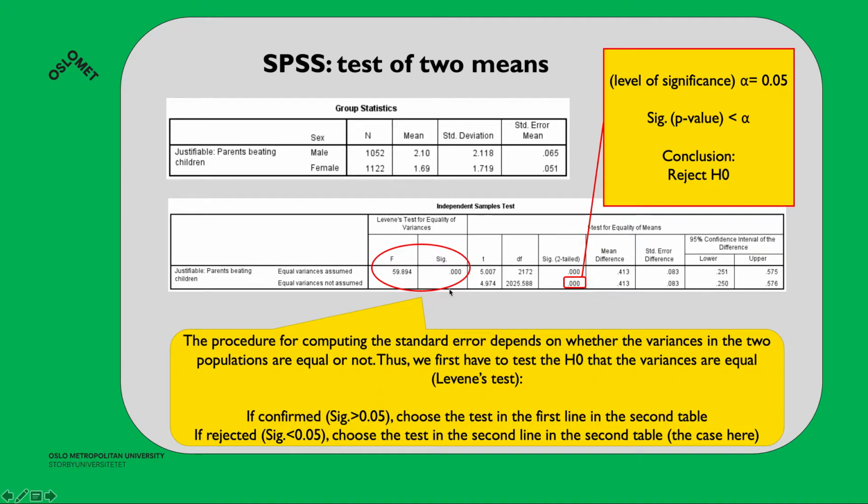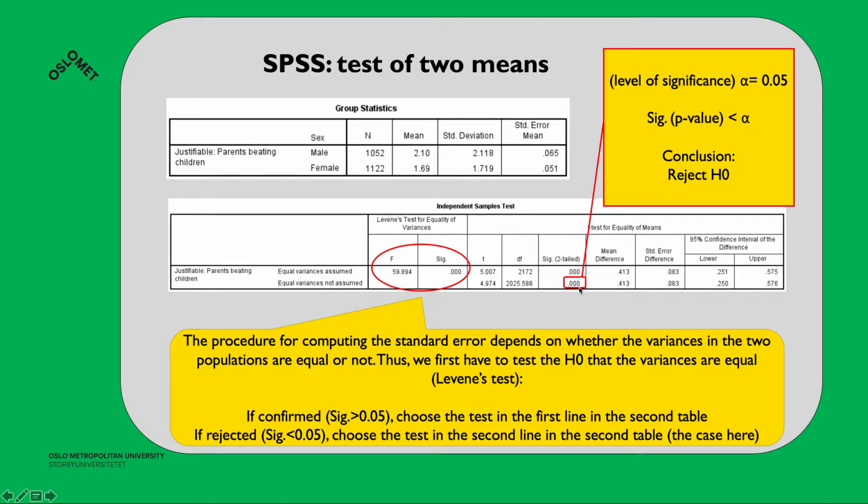If this test is significant, we read the second line of the test. If it's not significant, we read the first line of the test. And please do note that these results are often the same, so it doesn't really make a huge difference whether you read this or not. But if it's significant, you should read the second line. If it's not significant, you should read the first line.